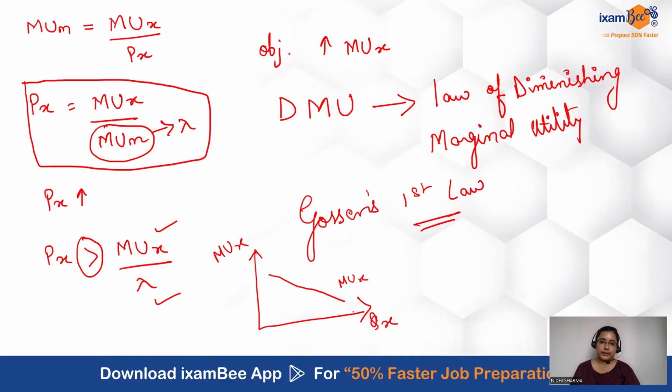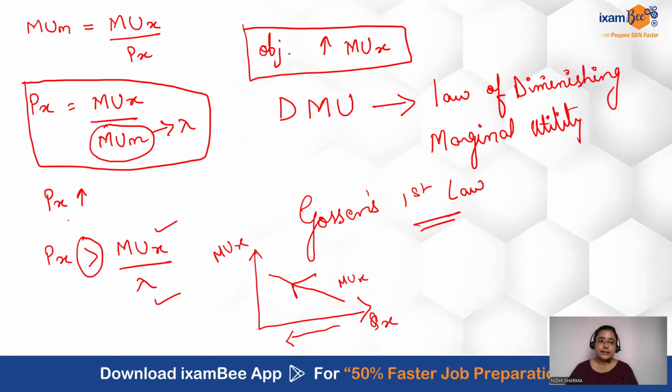Now, getting back to my objective, which is to increase the marginal utility of X. If I consume more of commodity X, then my marginal utility of X will fall. That won't help me. So, in order to increase MUX, I have to reduce my consumption, Q of X. That means when I reduce the quantity of X, then MUX increases.